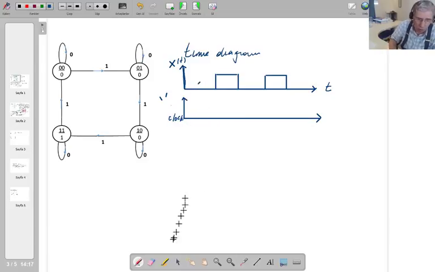So let me write these inputs 0, 1, 0, 1. So I'm going to put a clock pulse here, another clock pulse for input 1, another clock pulse for input 0, and another clock pulse for input 1.